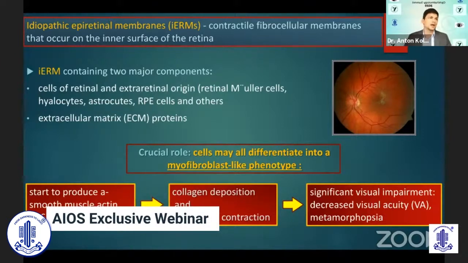As different studies show, retinal Müller cells and other cells, in the presence of certain profibrotic cytokines, can transdifferentiate into a myofibroblast-like phenotype and start to produce alpha smooth muscle actin and induce tissue contraction that causes metamorphopsia, which is usually the leading and most disturbing symptom of the disease.